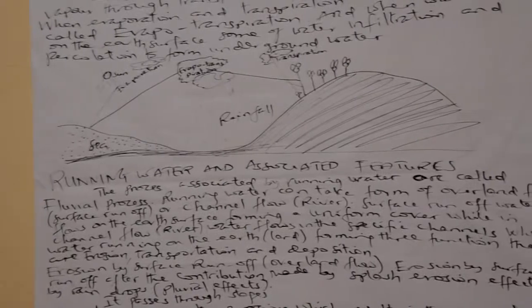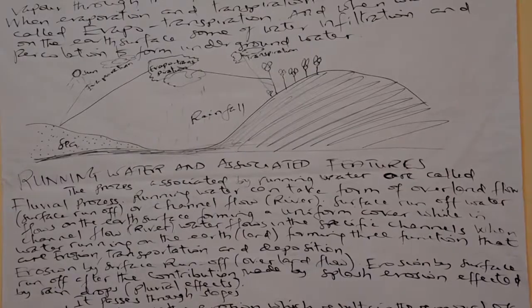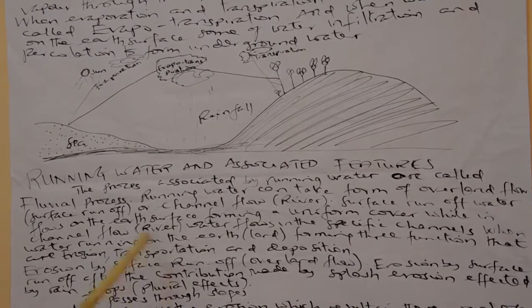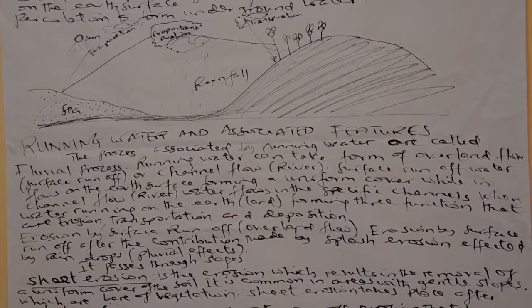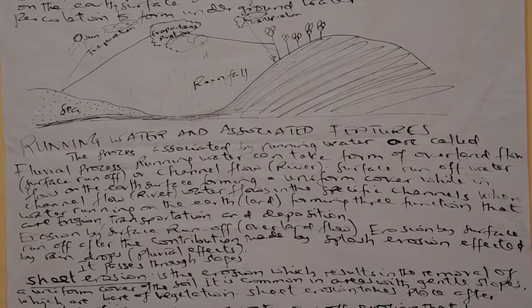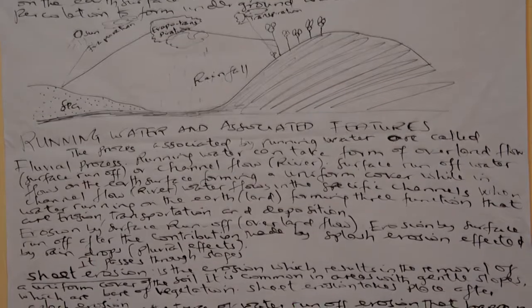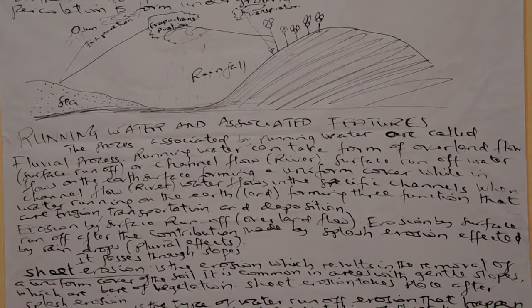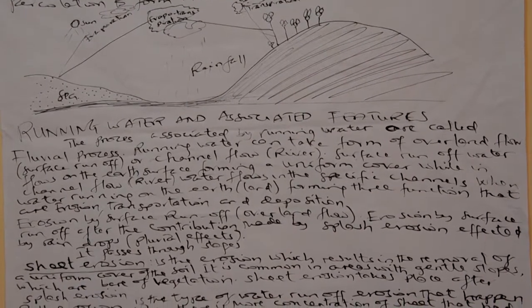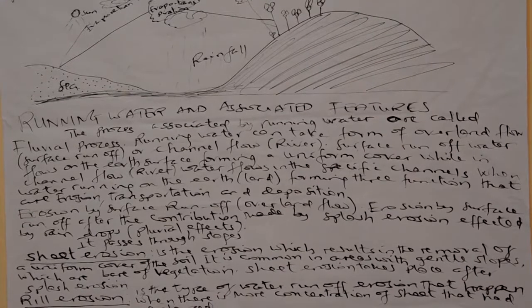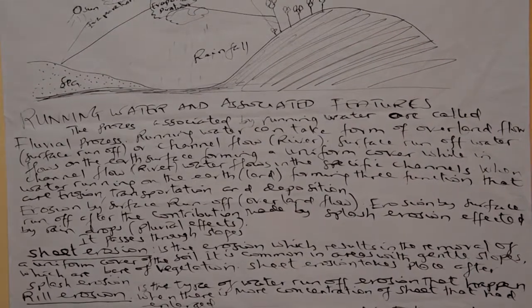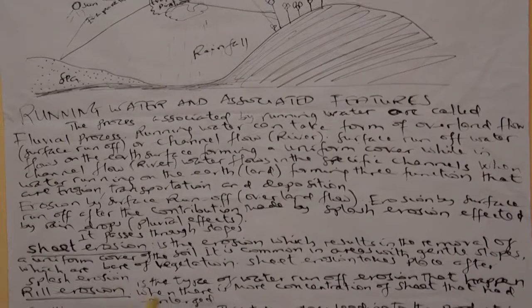Running water can take the form of overland flow, surface runoff, or channel flow, or river. Surface runoff is water flowing on the surface, forming a uniform sheet, while channel flow or river flow is water flowing in specific channels. When water runs on the land, it performs three functions: erosion, transportation, and deposition.